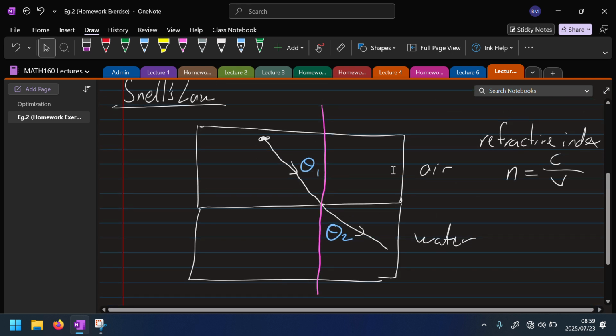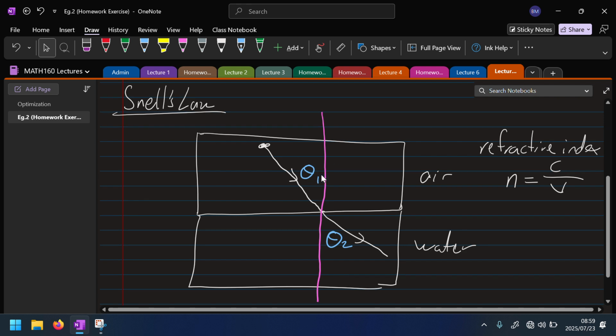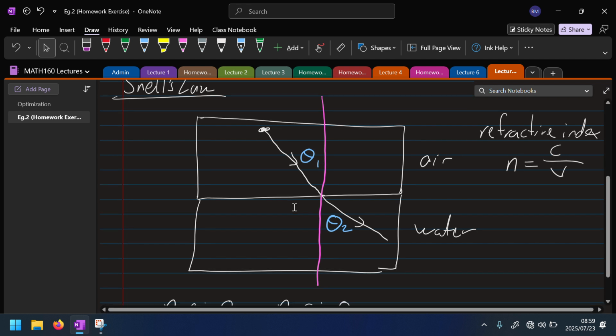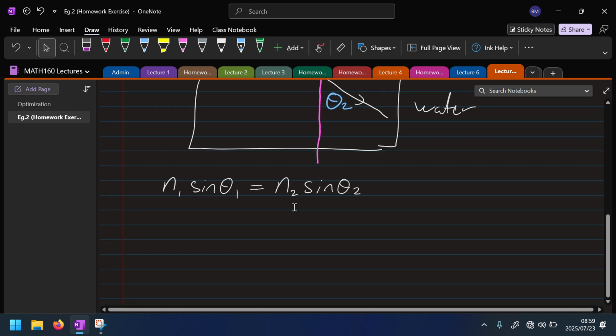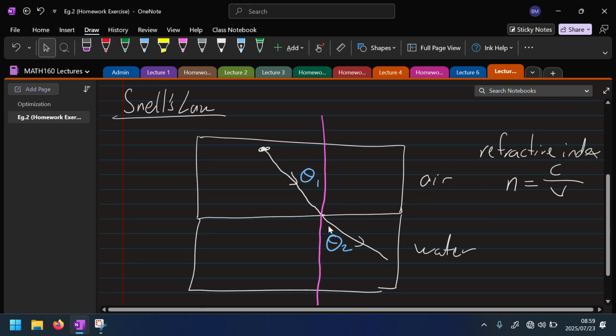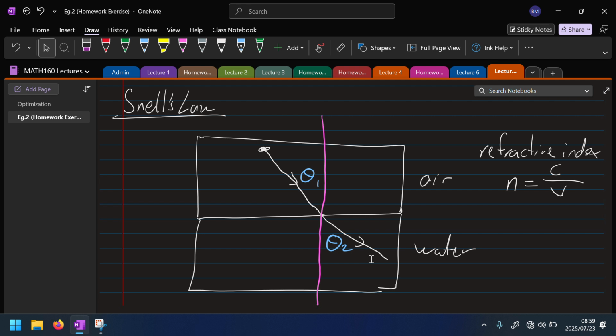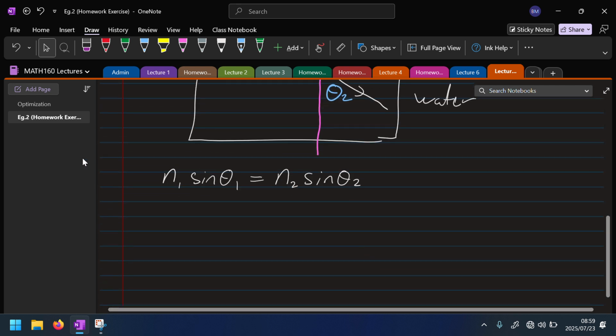N1, again, that's the refractive index for this top part, speed of light c divided by the speed in that medium. So that's on the left-hand side. And then the right-hand side, when it's going through this new medium, it's going to have some refractive index n2 and some angle theta 2. Okay, and those are related by this equation. Okay, so that's Snell's law.